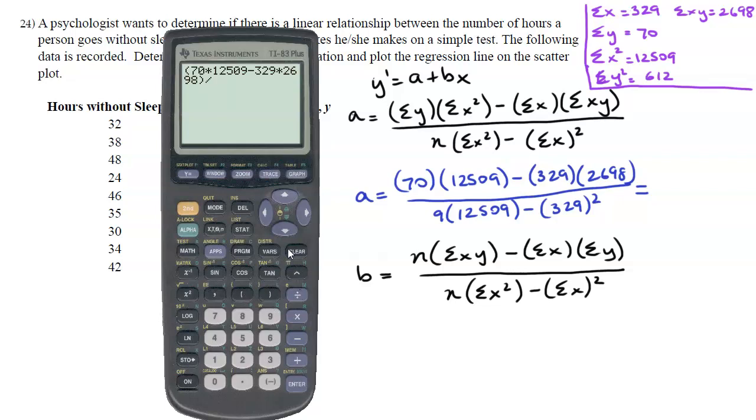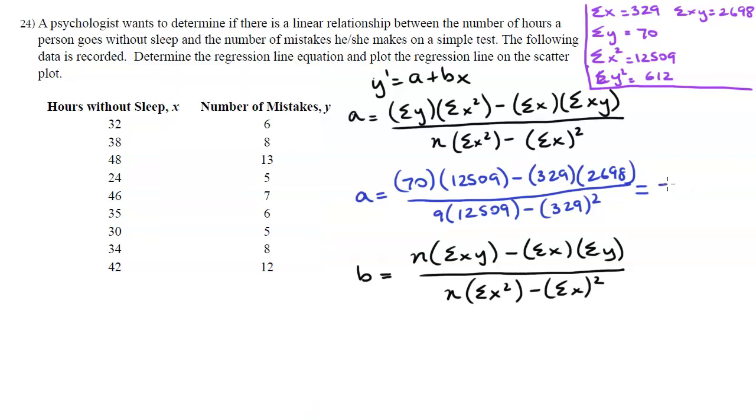Divided by, in parentheses, 9 times 12509 minus 329 squared. Okay, let's see what we get. Negative 2.767. Negative 2.768, we'll say. Okay, so that's a. Now b.